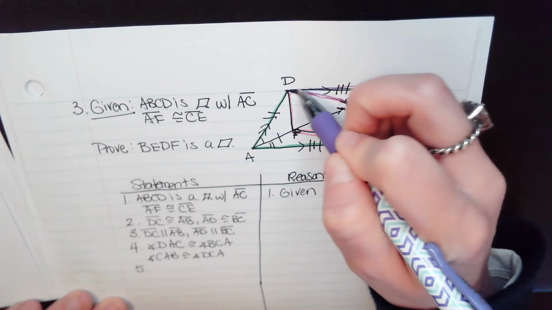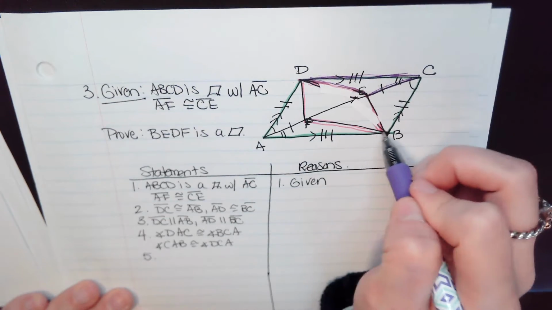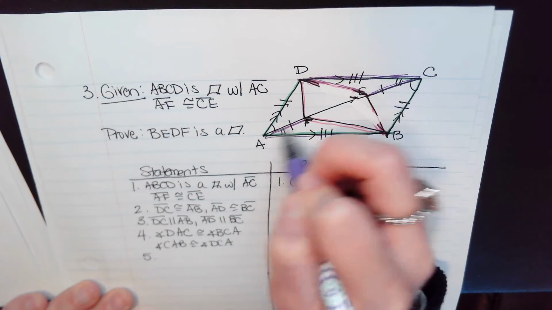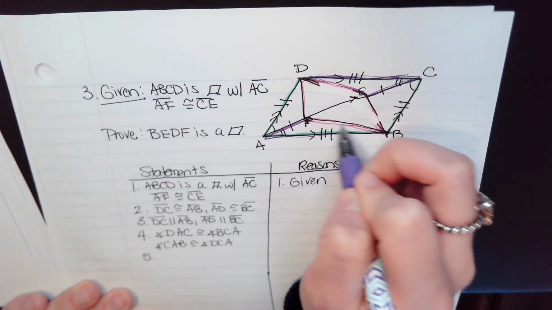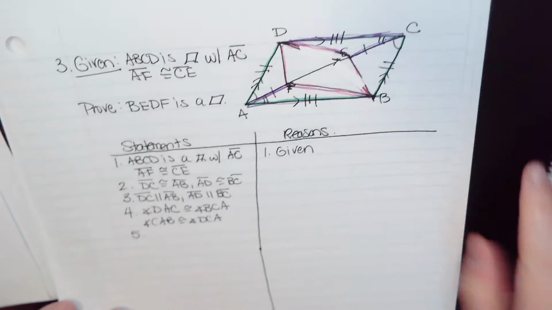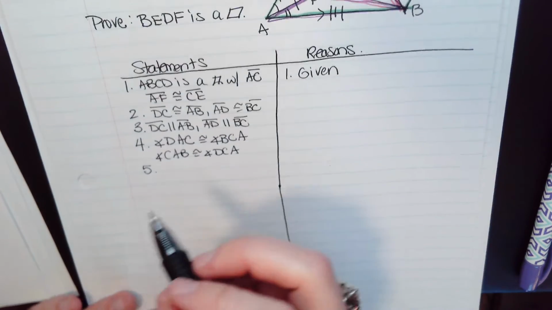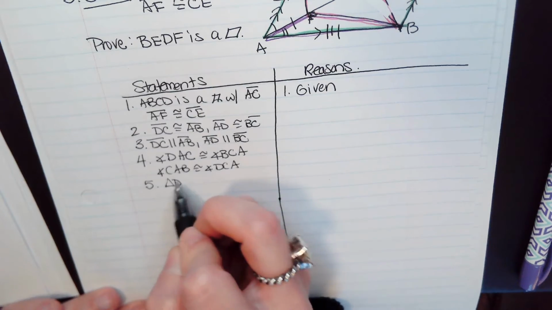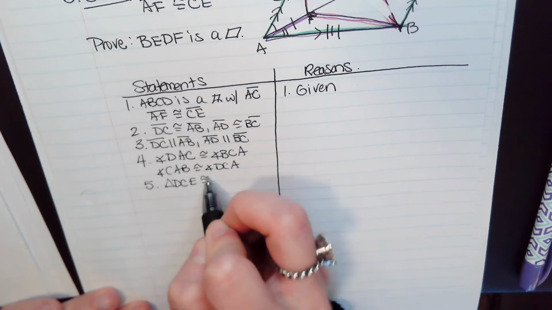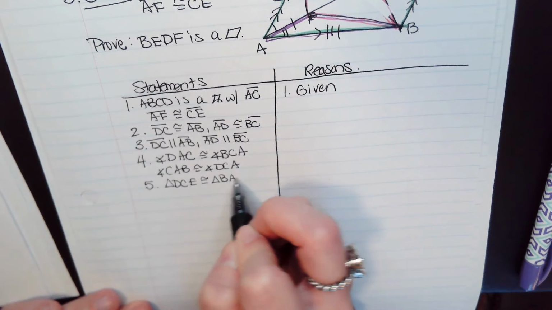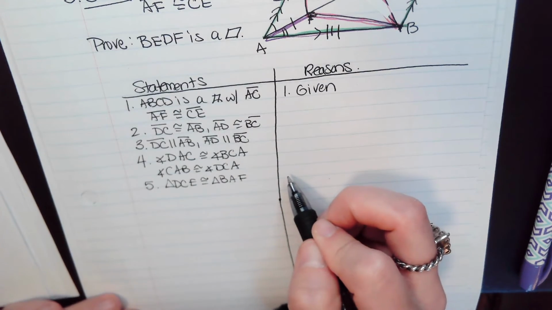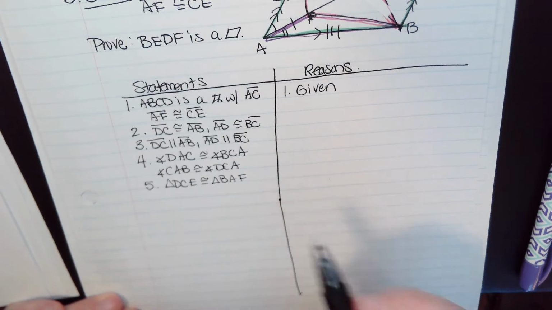So I can get this triangle up here congruent to this triangle down here where I have that side, a side here, and an angle. So I can say triangle DCE is congruent to triangle BAF, and that would be by side angle side.